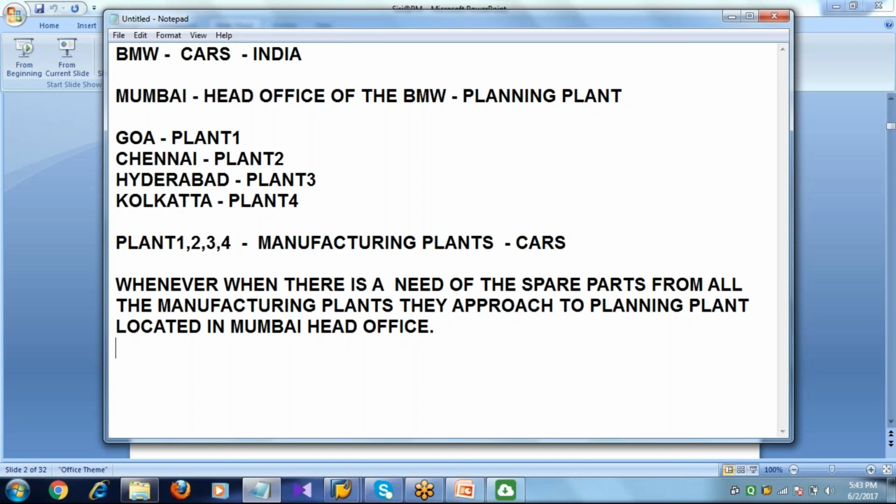It means a manufacturing plant will not procure the material directly. All the manufacturing plants have to approach the purchasing department located in Mumbai. Whenever they need material, they approach the purchasing department located in Mumbai.